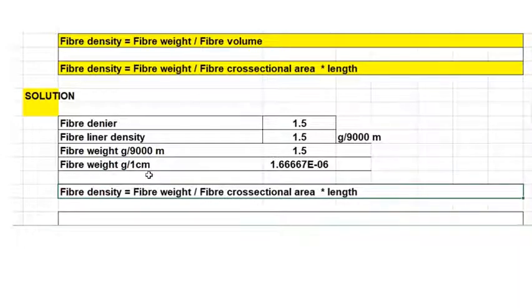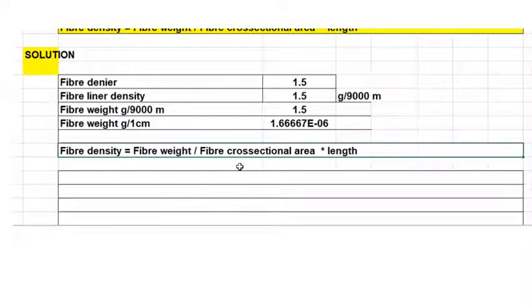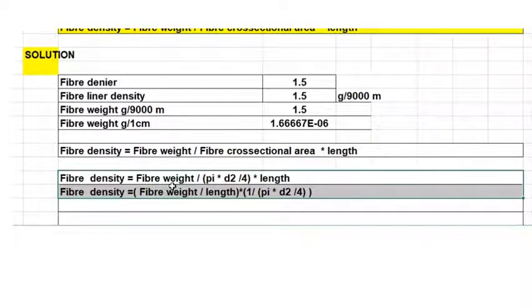So we have already seen the formula. Fiber density is equal to fiber weight by fiber volume, that is, fiber cross sectional area into length. Now let us see the data. We know the formula pi r square, which is pi d square by 4.